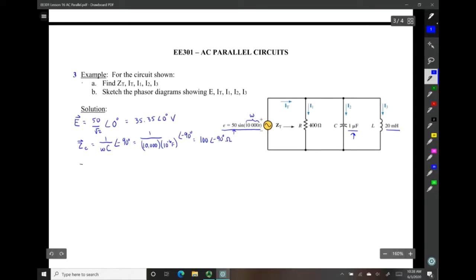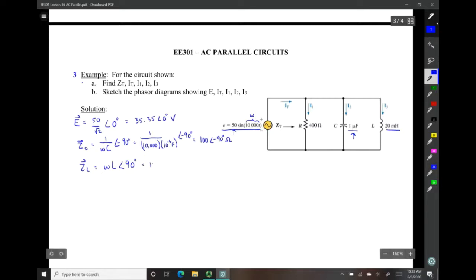Alright, similar process for our inductor, just a different formula. In this case we have omega times L, and we attach on a positive 90 degrees, which is also equivalent to a positive j.